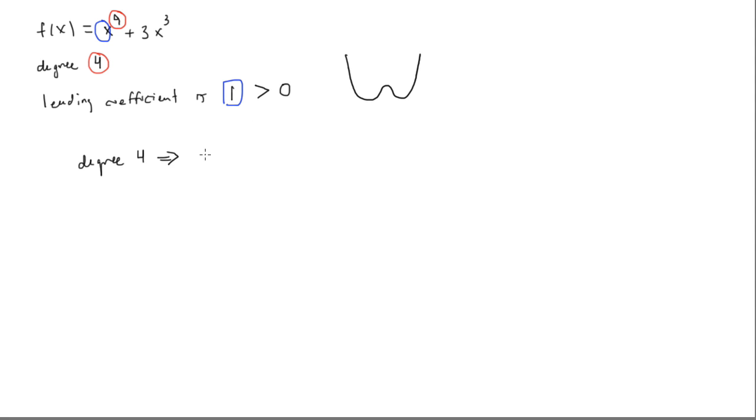The fact it has degree 4 tells me that it can have at most 4 roots. Okay, so for example, if the x-axis were here in blue, then this particular curve crosses it 1, 2, 3, 4 times, but it can't cross more than 4 times unless it's a higher order polynomial. So the degree tells you the most number of times that it can cross.